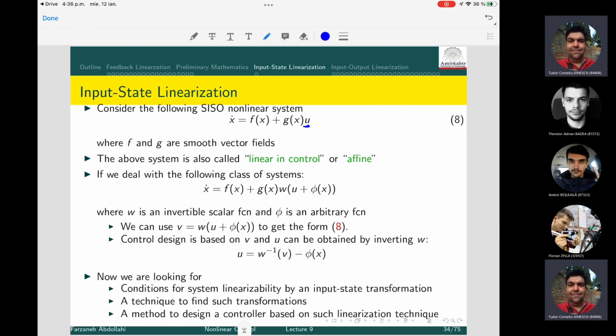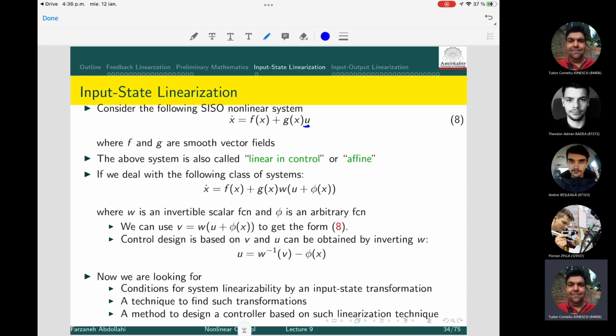I wouldn't say linear in the control because it doesn't generate linear combinations. If we deal with this class of systems, where W is an invertible scalar and phi is an arbitrary function, you can use v like this to get the form 8. Control design is based on v, and u can be obtained inverting W.